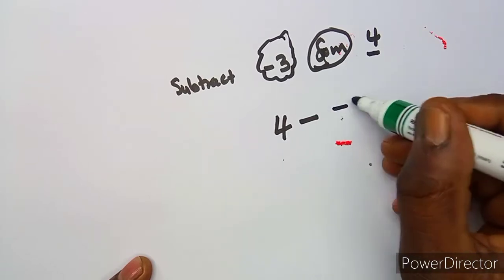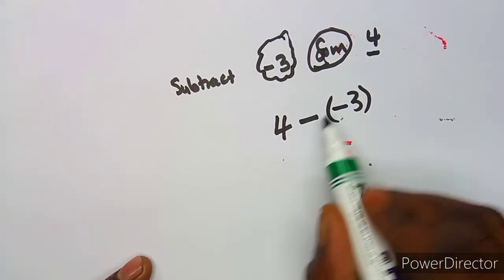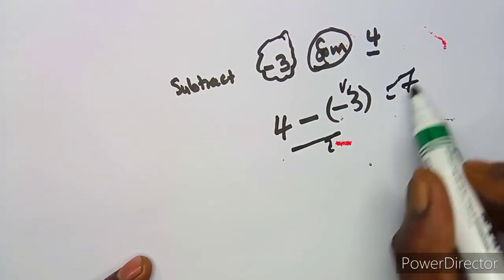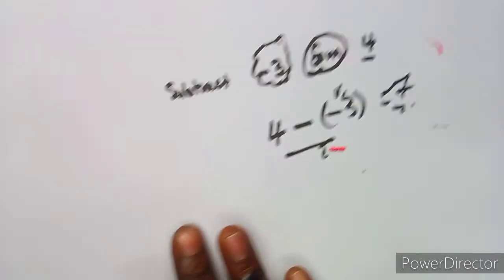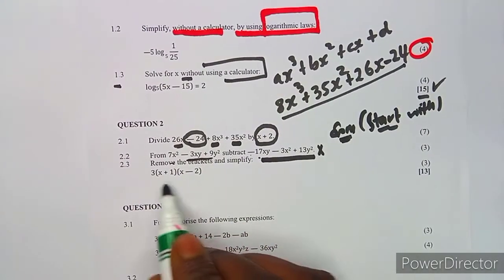So it's 4 minus minus 3, which is going to give us a 7. That's the concept, because it's just like 4 plus 3, which is 7. So you see, that from is very, very important. Never take that from for granted. Then remove the brackets and simplify.